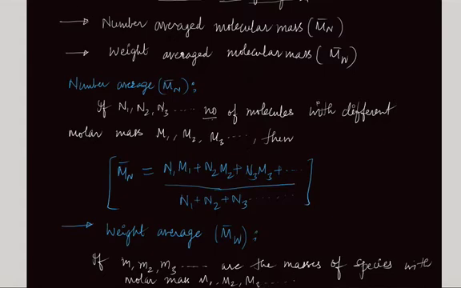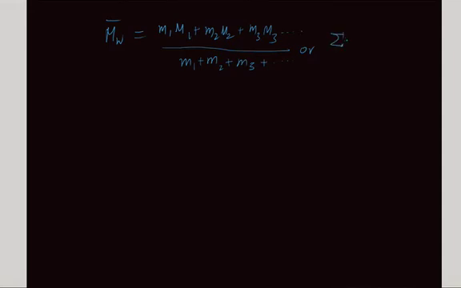Then I can represent Mw, the weight average, as equal to m1 M1 plus m2 M2 plus m3 M3 and so on, divided by m1 plus m2 plus m3 and so on. Or I could simply write this as summation of mi Mi divided by summation of mi.